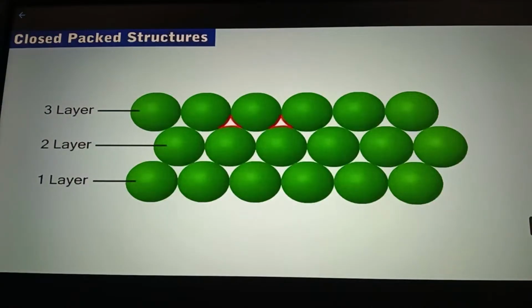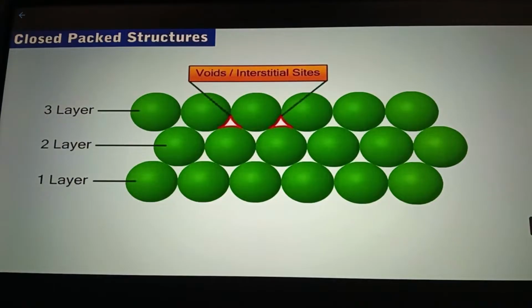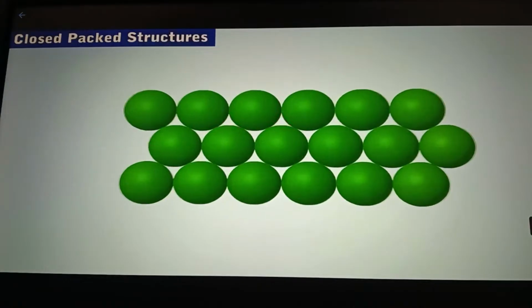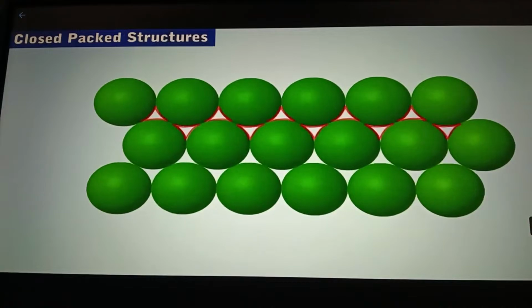Some spaces are left vacant after the close packing of the spheres. These vacant spaces are called voids or interstitial sites. In the figure, the empty spaces are seen as curved triangular spaces.